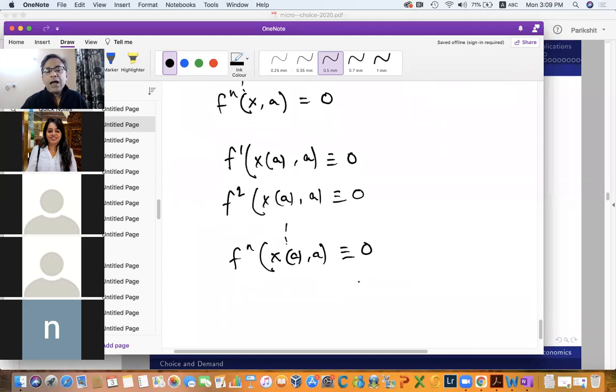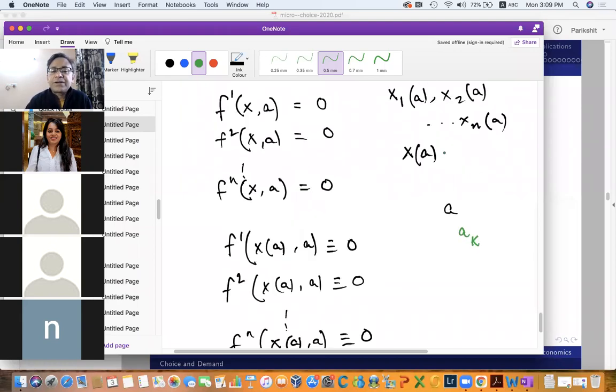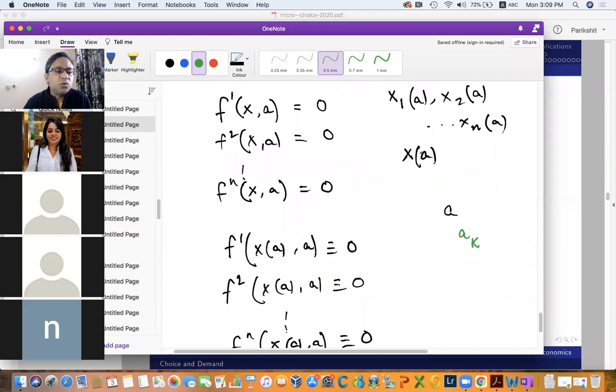Now suppose I suddenly get interested in, let's say, the kth parameter. So suddenly I start asking questions: what if this ak parameter, which could be, for example, the kth price in the consumer's problem, goes up? How does this entire solution move if this kth parameter changes?